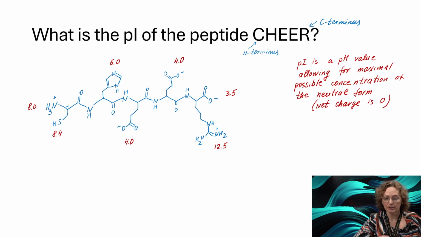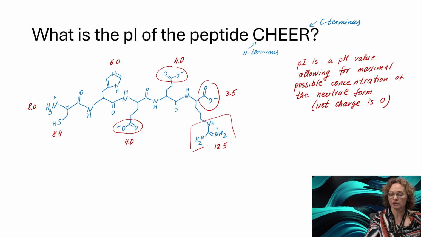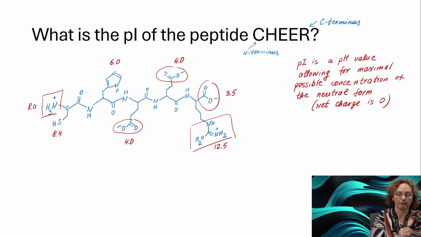If we analyze the pKa's that I listed and the charges overall, so I drew this structure around physiological conditions, around pH of 7. And so at this pH, we have 3 groups that are negatively charged, 1, 2, 3, but only 2 groups that are charged positively.